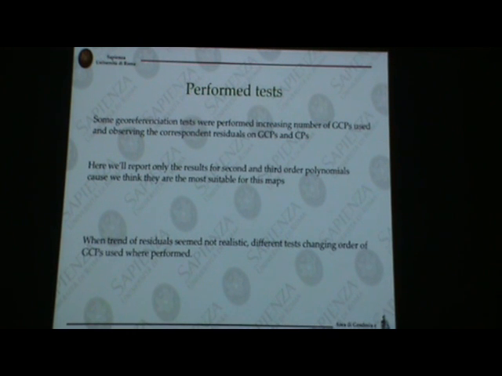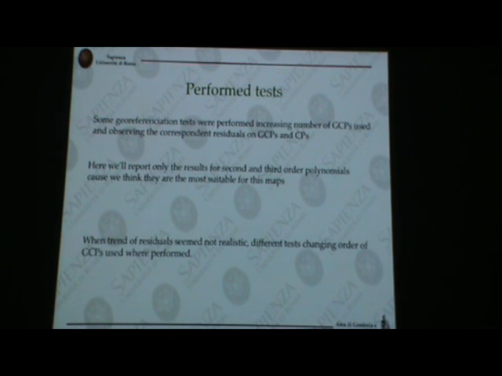Because we expect that after a certain number of ground control points, the accuracy and the precision will find a stabilization. And this is important because if we understand that there is a number of ground control points after which we can be sure that all the precision and the accuracy are extracted, we can think that this is the number that we can use.